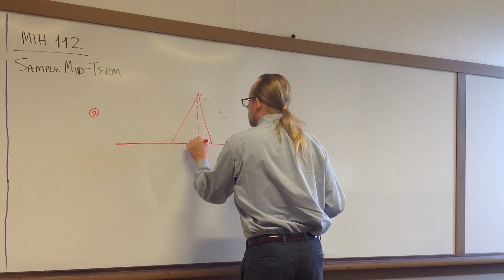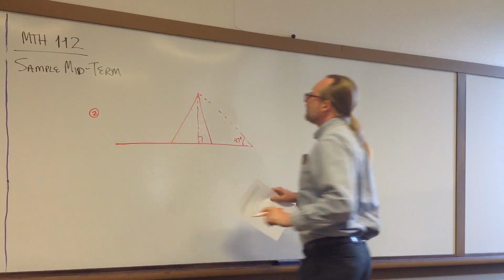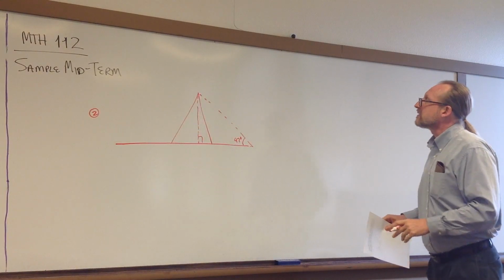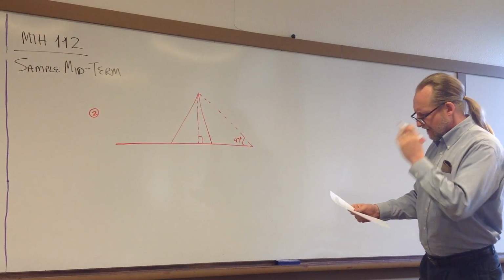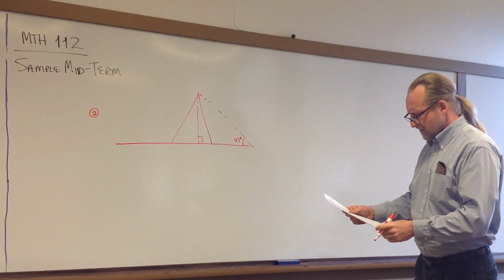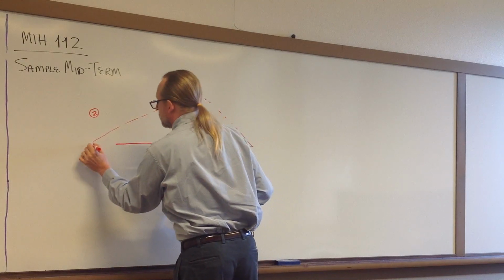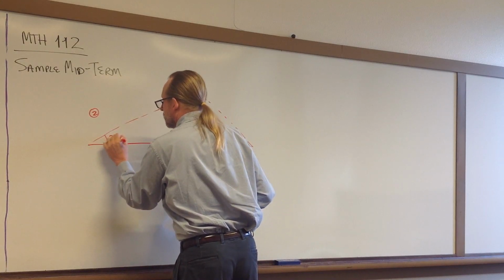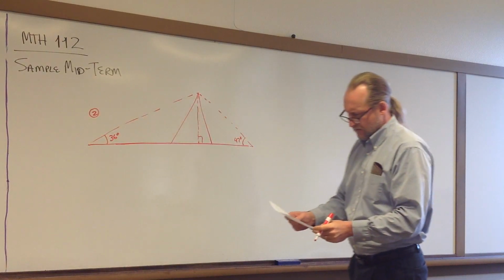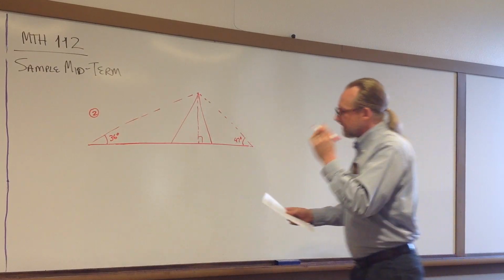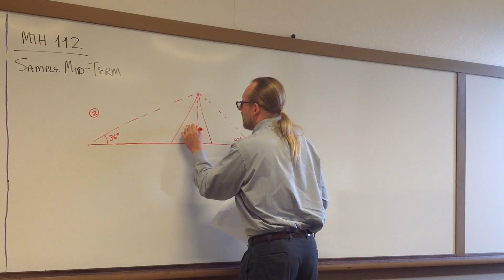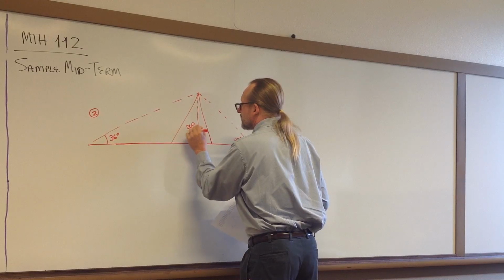The height of the mountain is inside the middle of it. And over on this side, the angle of elevation is 36 degrees. The mountain is 260 feet high, so there's our 260 feet.